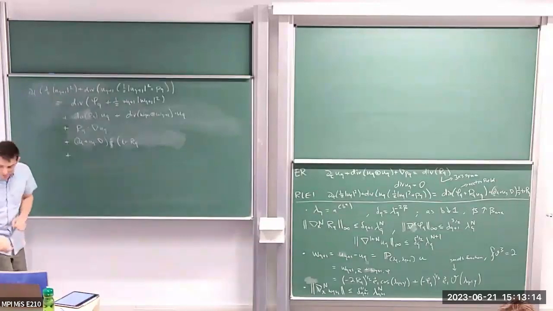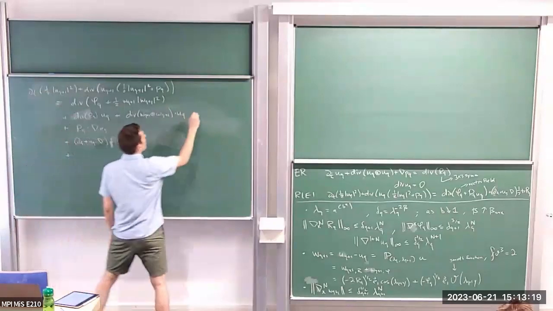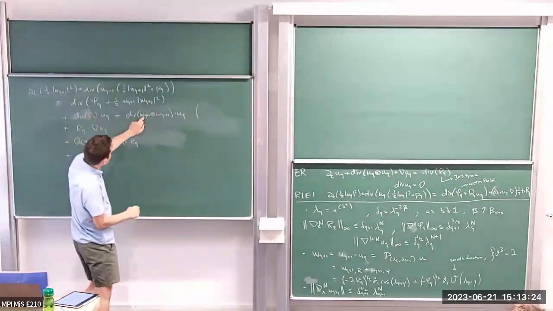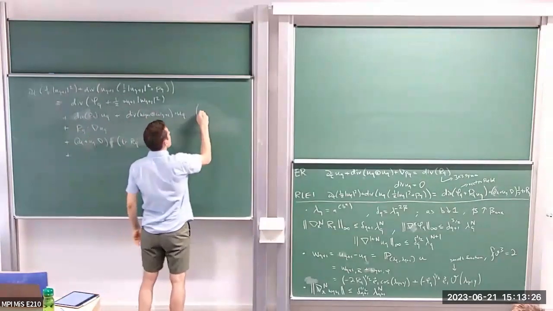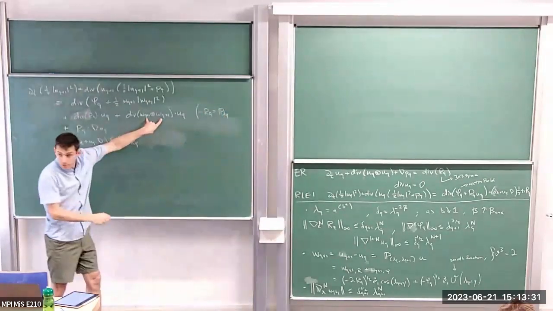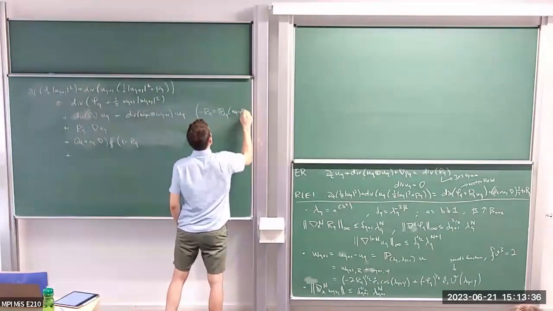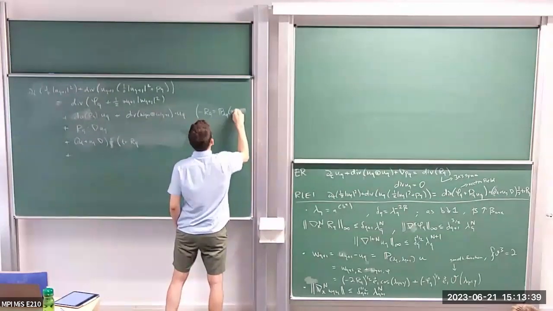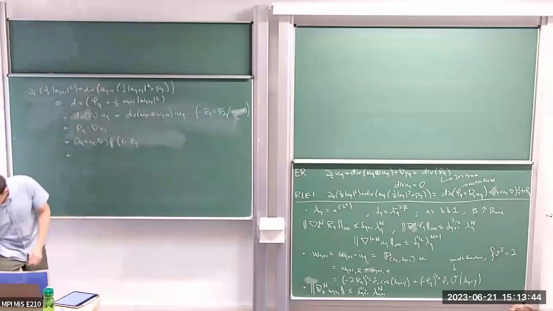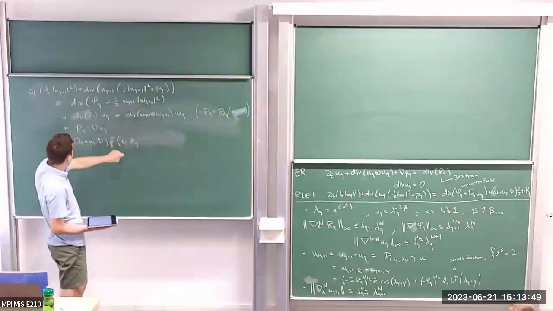And the reason I've set it up this way is because I know that RQ is equal to the projection onto low frequencies of WQ plus 1 tensor with itself. So let's just say W tensor W. So I've paired off these 2 terms.